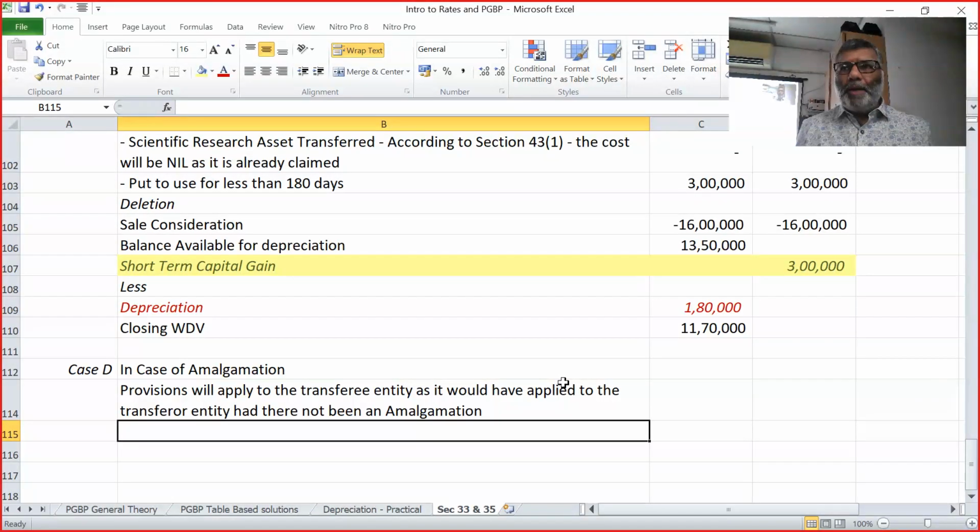Is that clear? Provisions, always this is the answer. We'll see further questions also. This will be the answer.